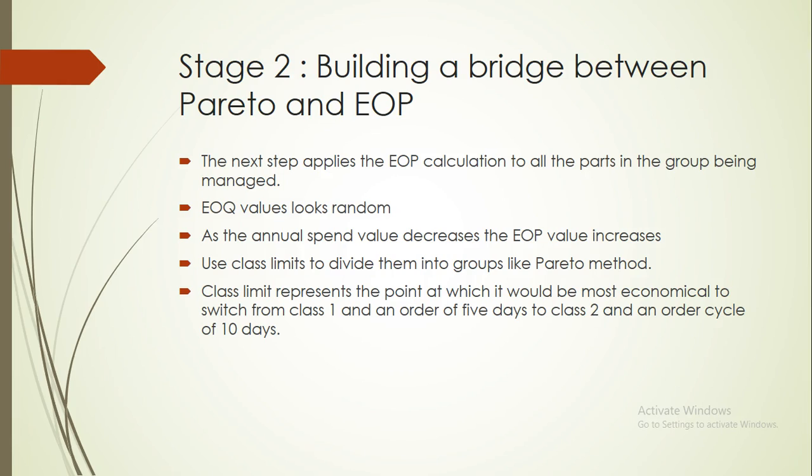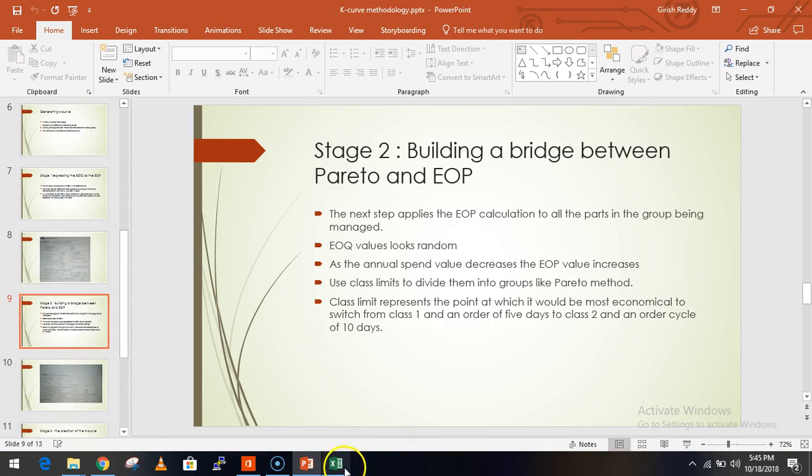So in stage 2, I will show the Excel sheet that I have calculated, how we will be calculating the class limit and the value class, and how we will be dividing them into groups.